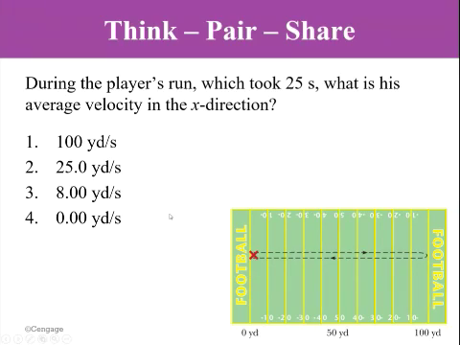Now, if I ask you about the average speed, then you take the total distance, which is 200 yards, and divide that by the total time, 25, so the answer is 8 yards per second. Okay? So now we understand the difference between speed and velocity.